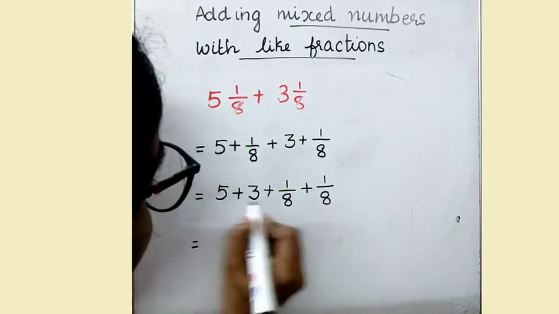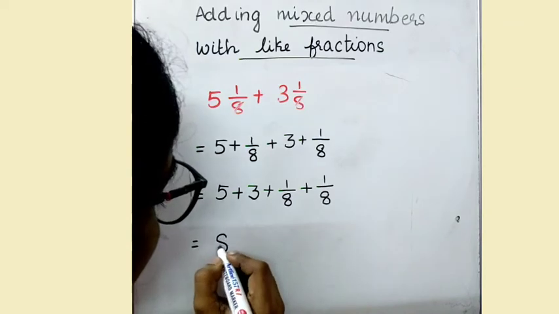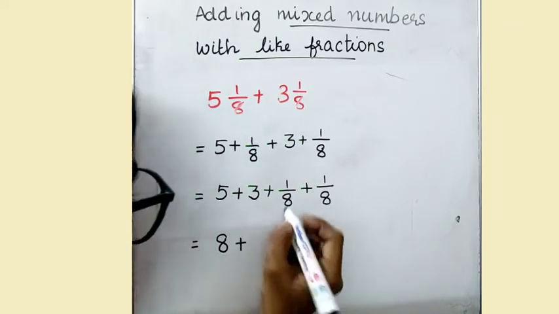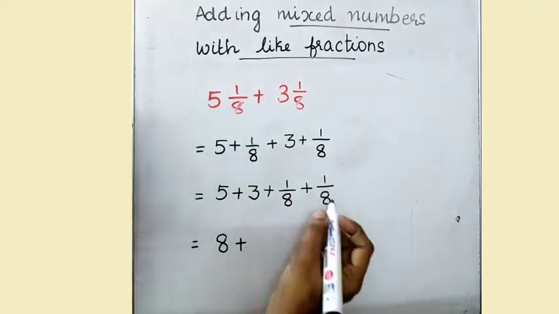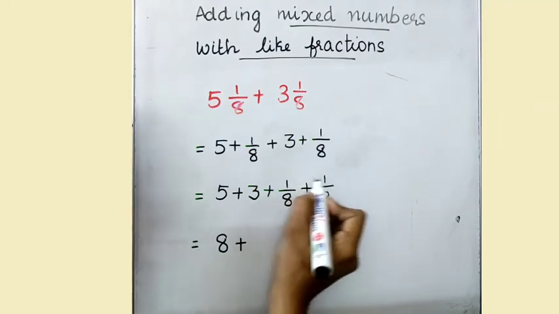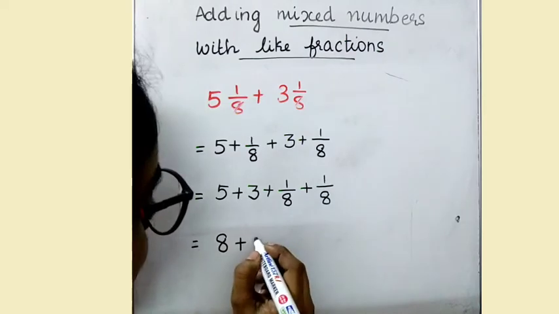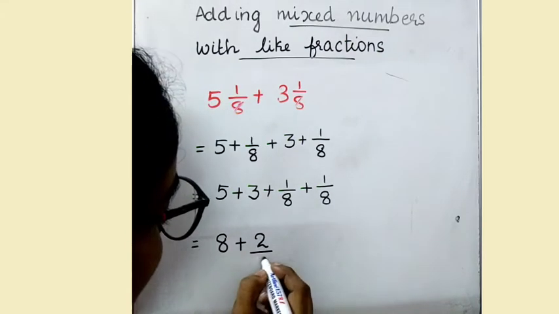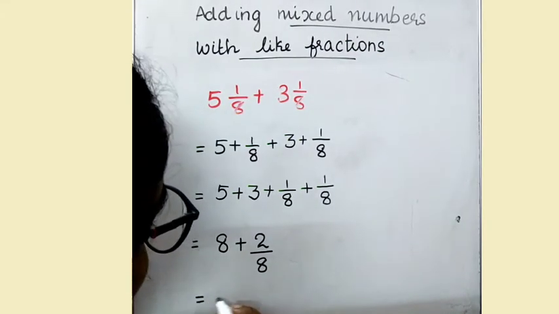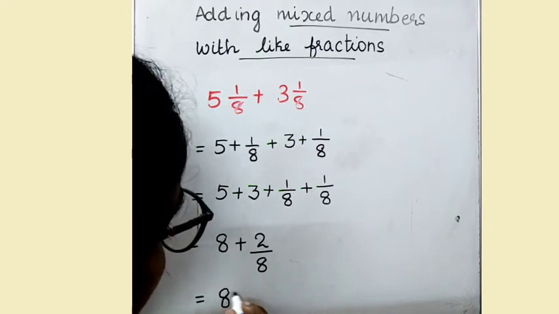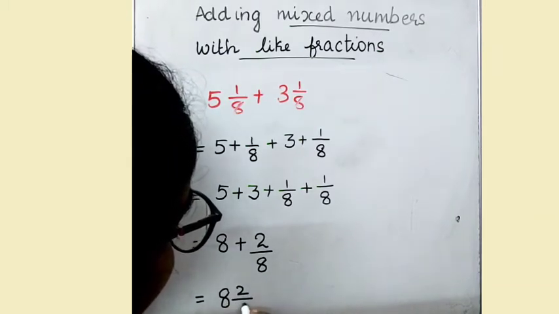That is equal to 5 plus 3, 8, plus 1 by 8 plus 1 by 8. We are only adding the numerator. The denominator remains the same. 1 plus 1, 2. 2 by 8. That is equal to 8 and 2 by 8.